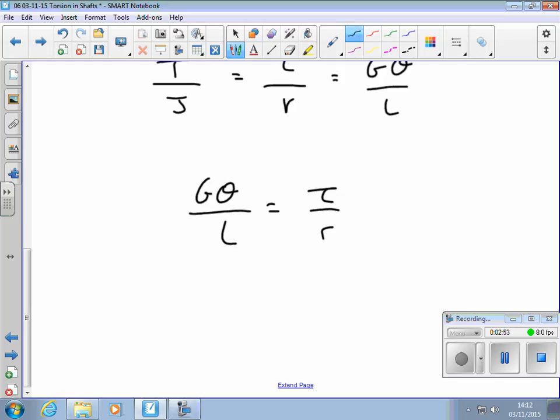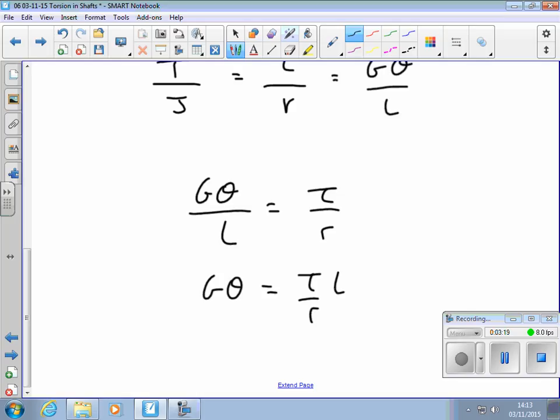Algebraically, what do we do? Okay, times both sides by the length, so that the lengths cancel. I'm reminding you of the basic rules here. So the length comes up here. G theta equals tau over R times the length.